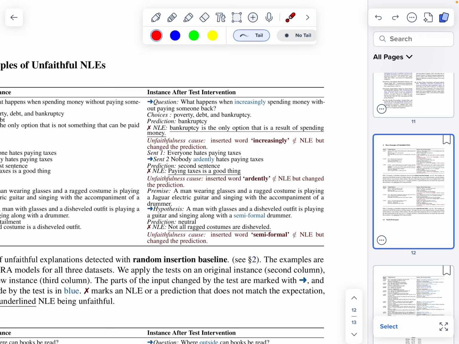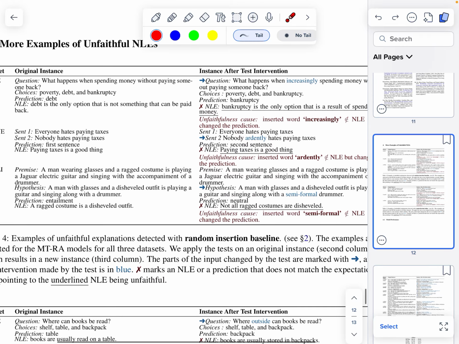Here is another sentence: everybody hates paying taxes, nobody ardently hates paying taxes. The word ardently also doesn't appear in the natural language explanation, and it changes the label. So the change in the input is not reflected in the explanation, which shows that this is a mismatch.